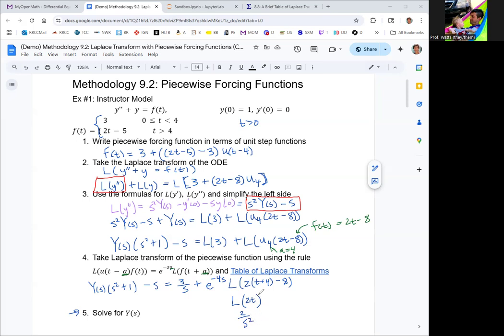So that just turns into a 2 over s squared there with the exponential. All right. Now we're ready to move on to step 5.